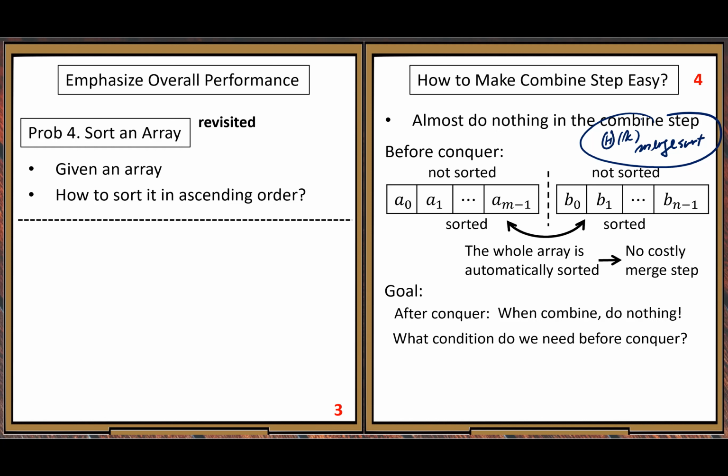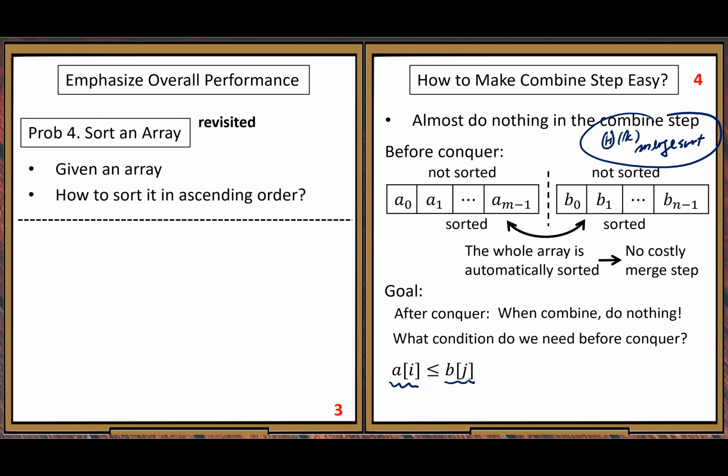The data on these two subarrays, A subarray and B subarray, should have some special property, and here we need to find that property first. The property is that the values of A subarray should be less than or equal to the values of B subarray.